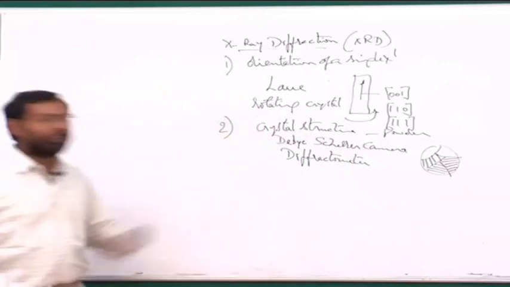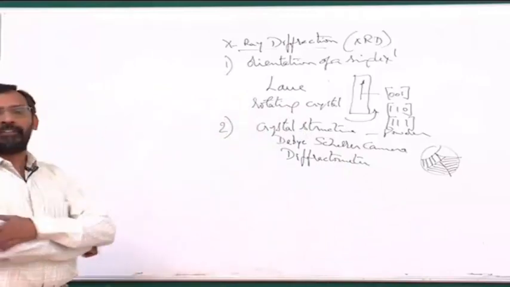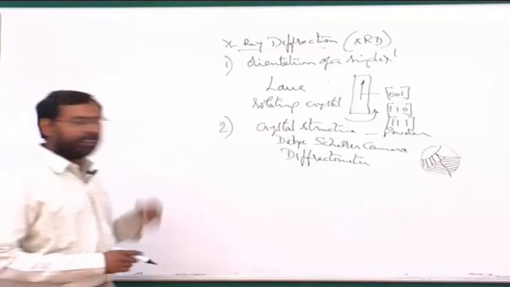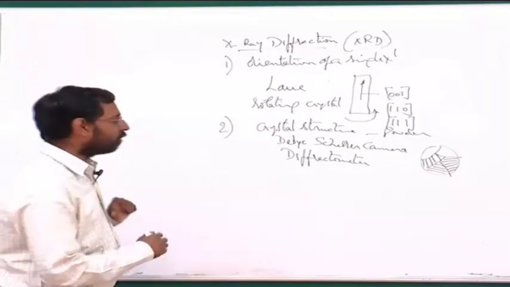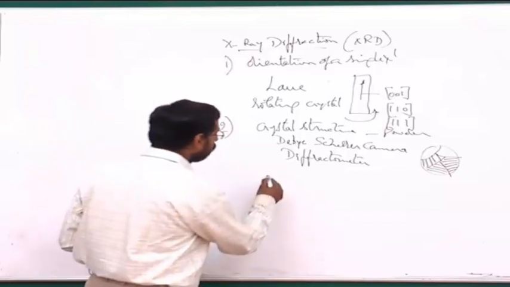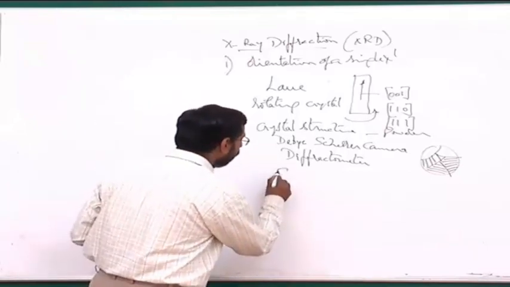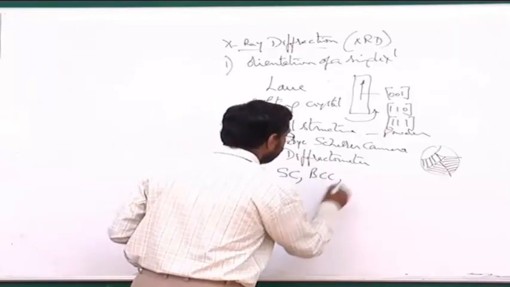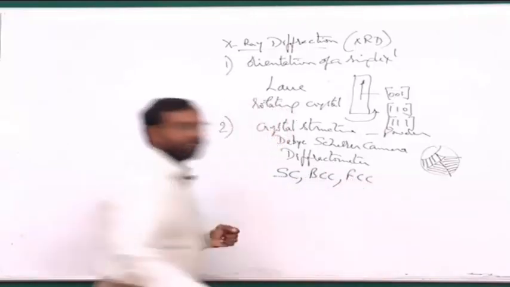So this is what we started talking about, how to use a diffractometer to find out the crystal structure. We said the easiest is to find out the crystal structure of cubic materials, and we started talking about how to find out the crystal structure of simple cubic, BCC, FCC, things like that.